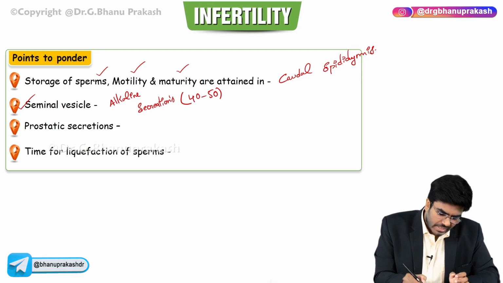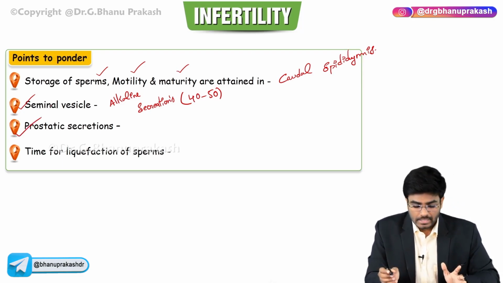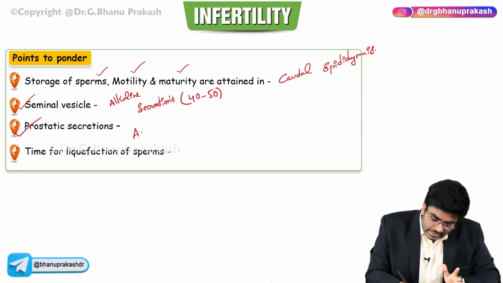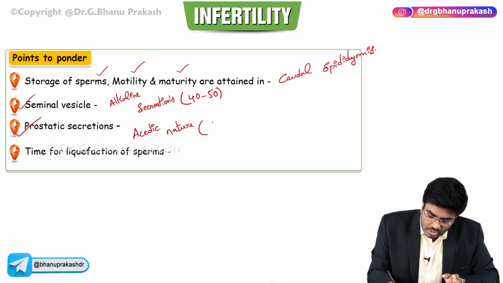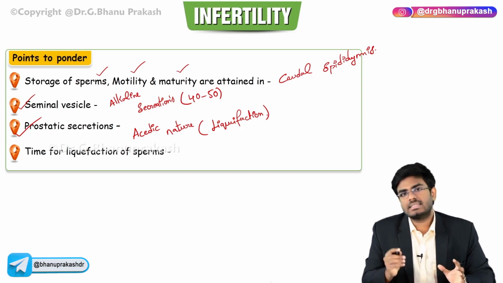Now what about the prostatic secretions? Guys, the important point about the prostatic secretions is that they are acidic in nature, and they help in the process of liquefaction. You can ask me, what exactly is liquefaction?